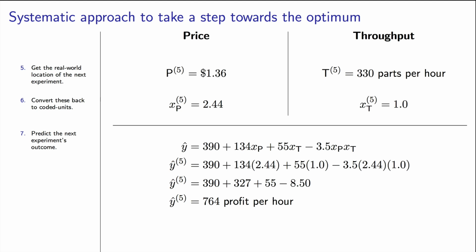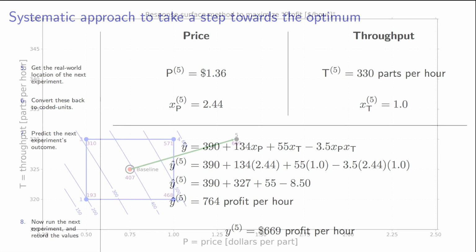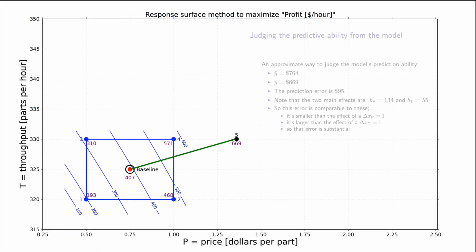Finally, there's a small interaction that reduces profit by $8.50, so the total prediction here is $764. When I actually run the experiment though, I record a value of $669. That's a $95 difference. That's quite substantial. In fact, it's much larger than a single coded step in factor T.